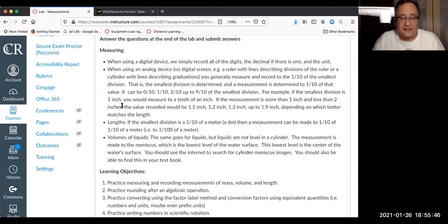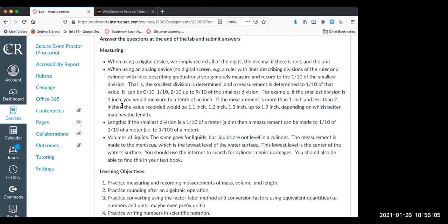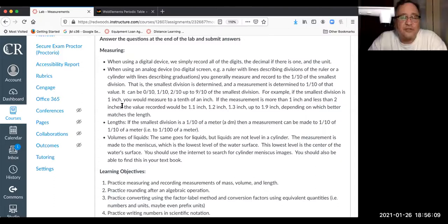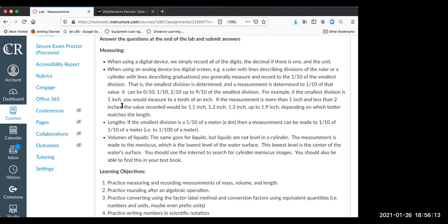So in my opinion, getting the density by displacement is probably going to be more accurate. And so in my discussion, I would write stuff like that. And then I would say, therefore, I think the density of the penny is this number based on displacement. Does that make any sense? Those are the types of things that, with the assignment, I'm also trying to help you with the discussion and things to think about.